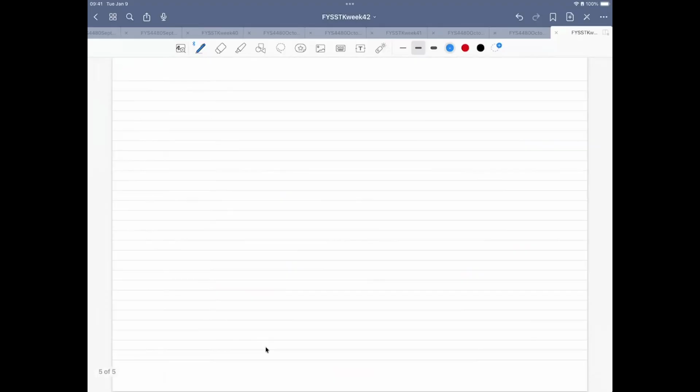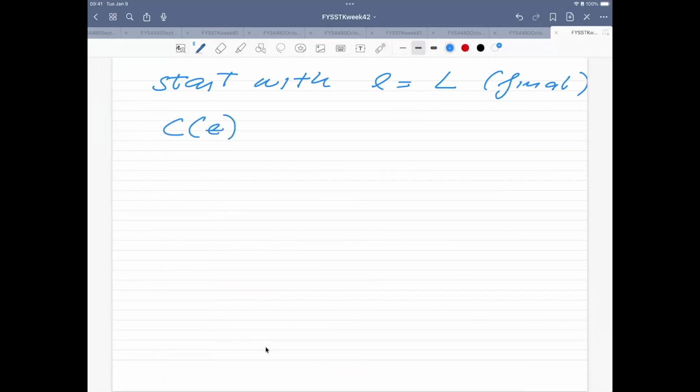So what we did then is that you start with l equal to the final layer. This is the final output layer. And what we have then is a C of theta, which, if we are looking at the mean squared error, I'm just putting as a sum over i without specifying the end, of a_i^L minus y_i, which is the target value. This is the one we want to reproduce.